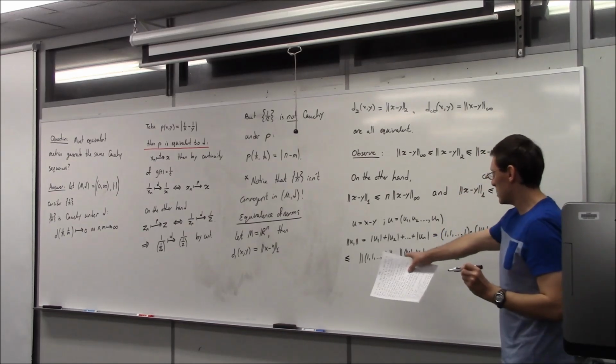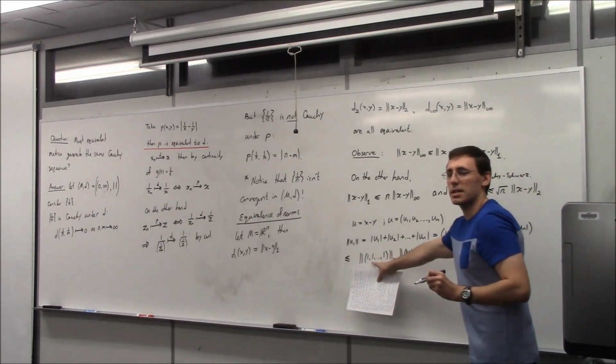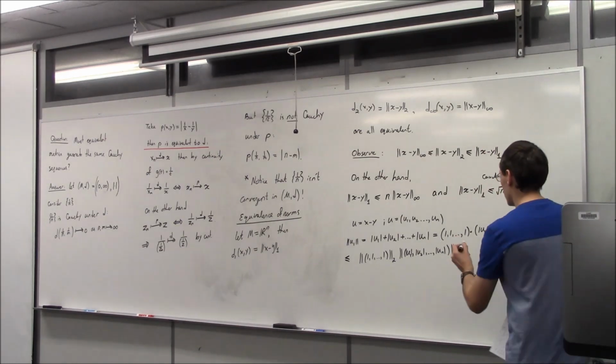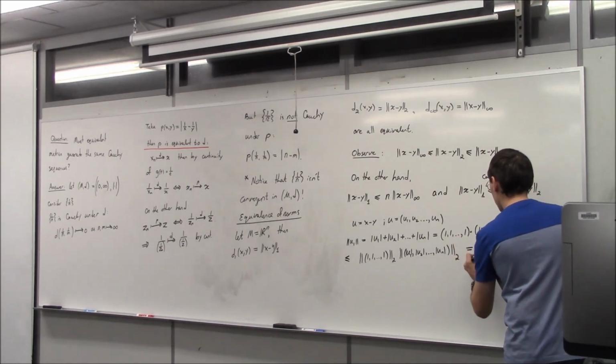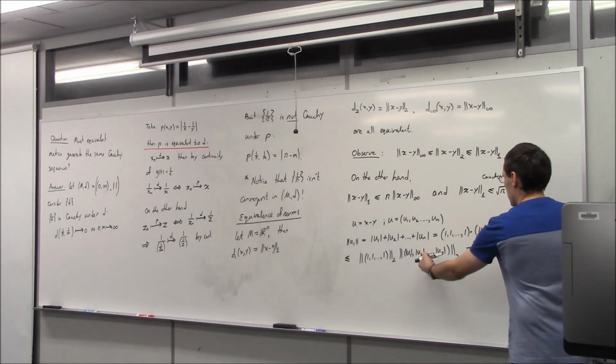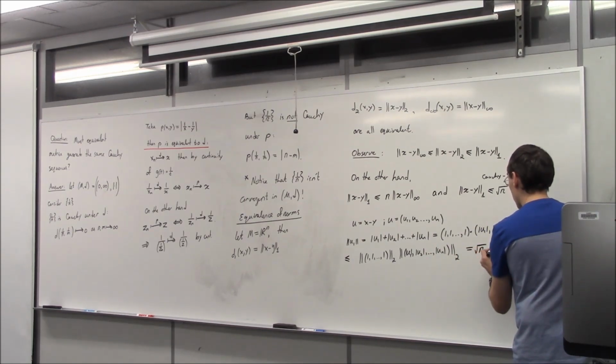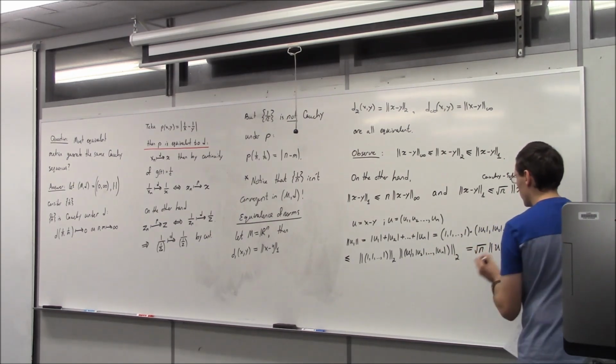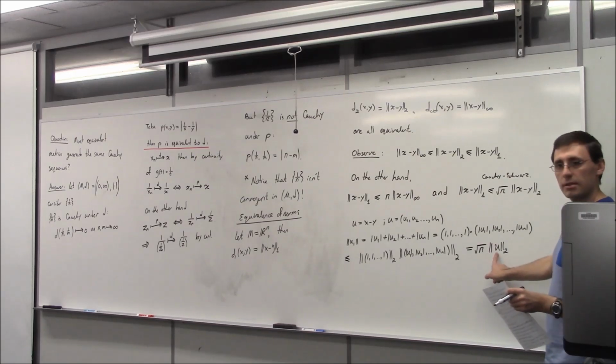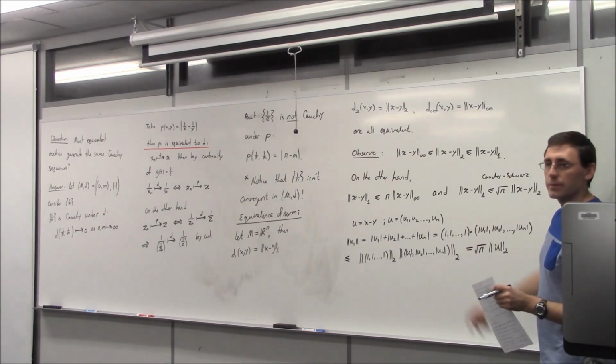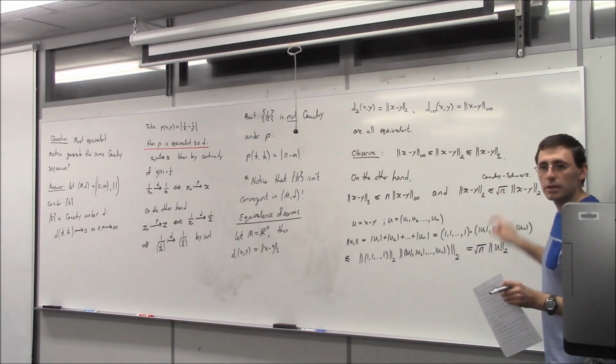Okay? You see this? So what is this guy? This guy is just add up 1 and take the square root, so that's just equal to the square root of n. Times this is just the norm of u in the 2 metric. Yes? So that's where this comes from.